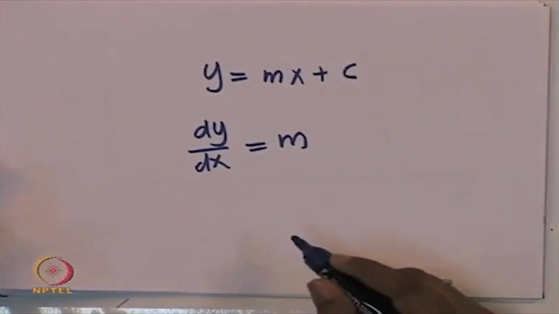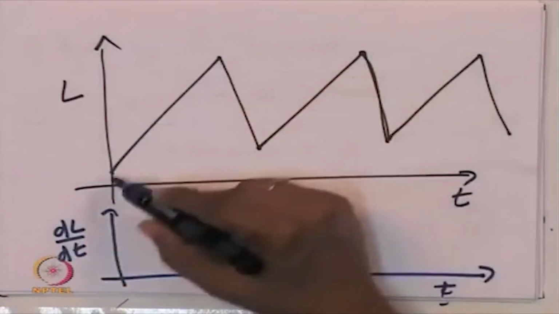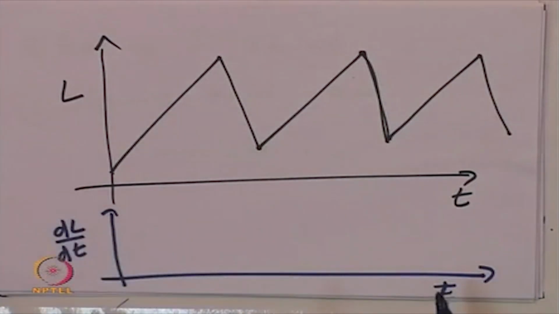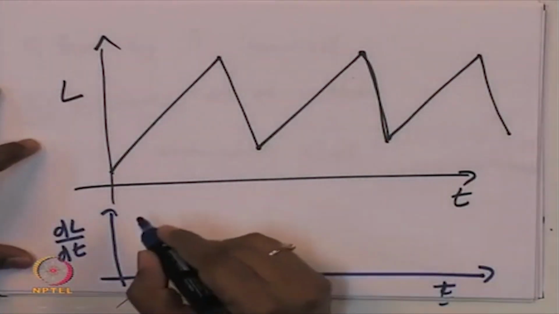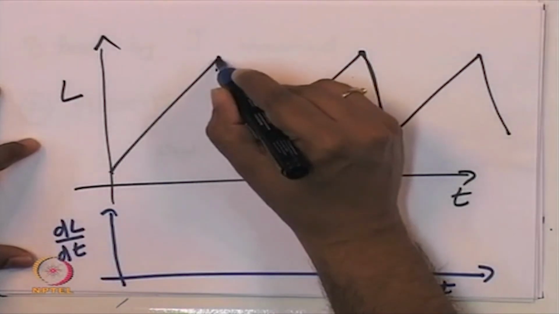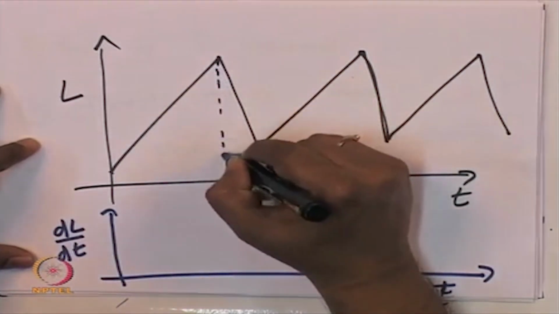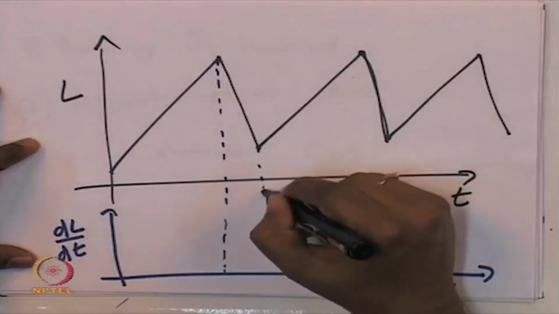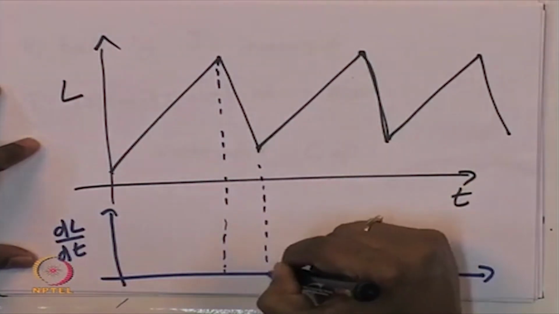So, the slope of this part of the curve has to be a constant, and so let us mark the points where the slope changes.